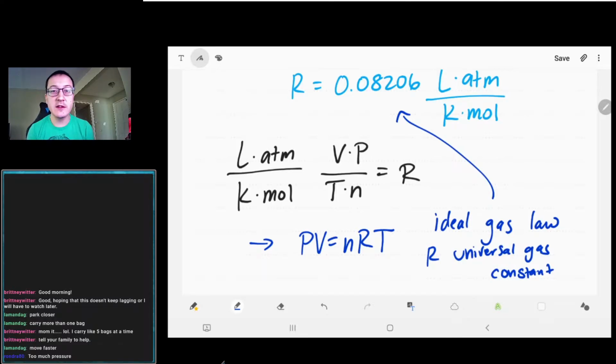And it's always equal to that number up there. And we can use this law to actually calculate one of these quantities if we have the other three.